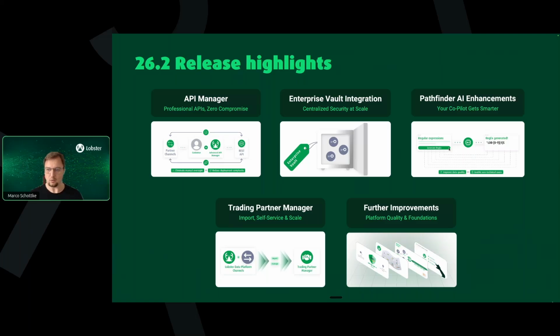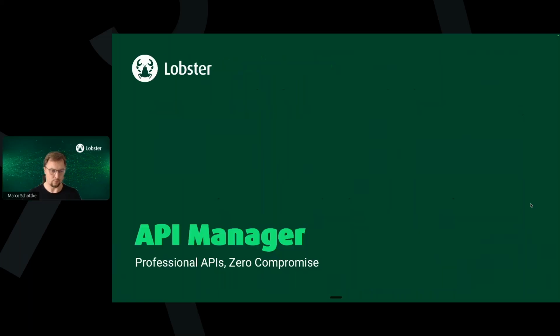And right now, experienced integration talent is harder to hire than ever. The pile is the real problem. So 26.2 takes this pile and gives it back to the right people. And this is the spine of this release. So let's start with the most visible piece, and this is the new API Manager.